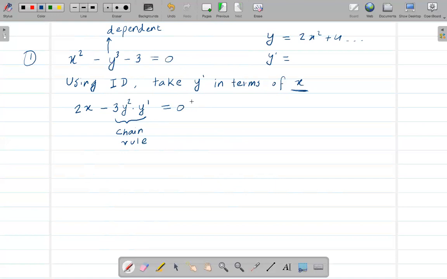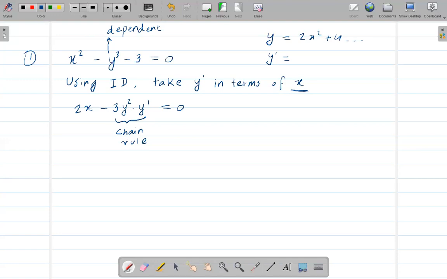Since we're trying to find y prime, we can just isolate y prime, moving everything else to one side.